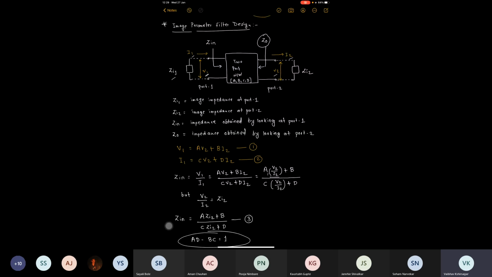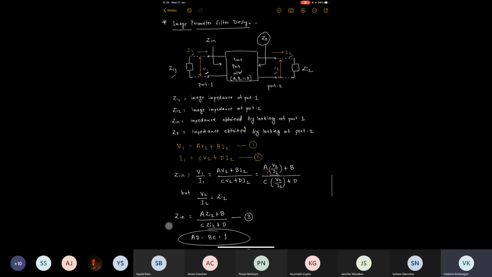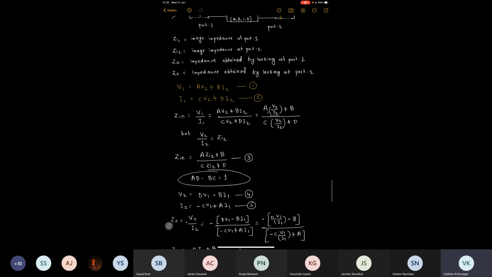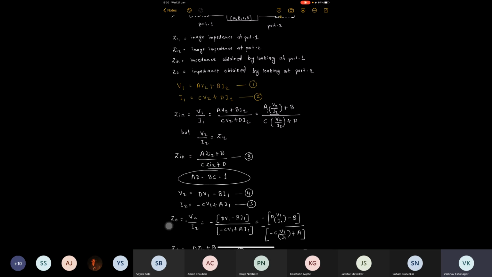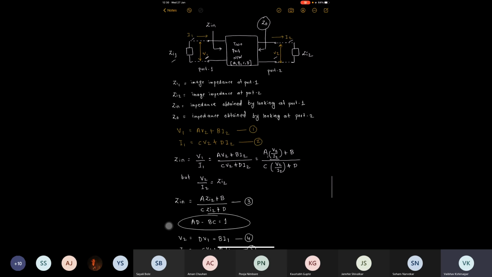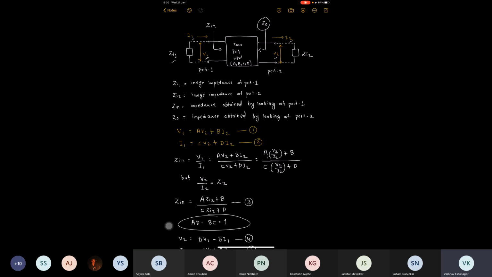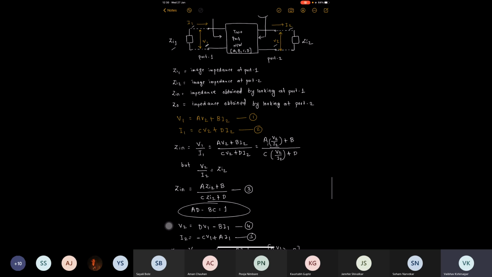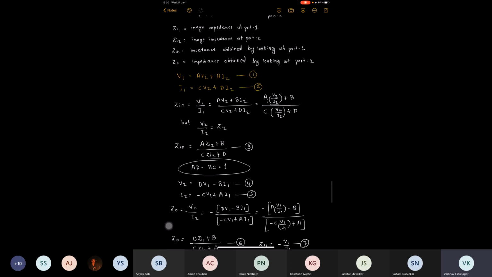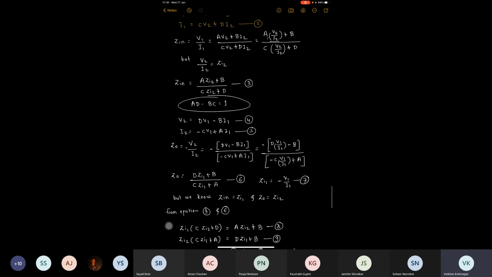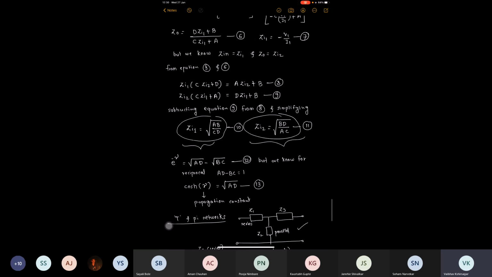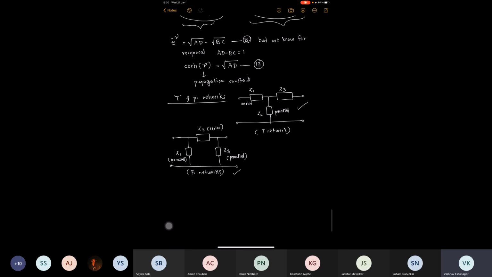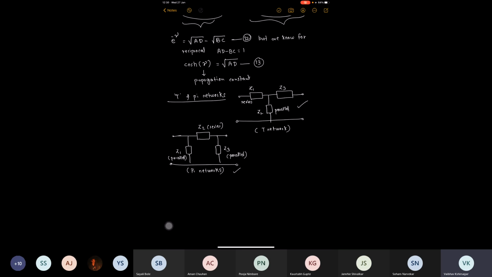So what actually happens in the image parameter method is that a piece of the transmission line is represented as a two-port network, and this two-port network is represented in terms of ABCD parameters, which are then related with the image impedances of the two-port network, Zin1 and Zin2. And based on that, we are going to make use of the T network and pi network configuration as a basic building block of the filter circuit.